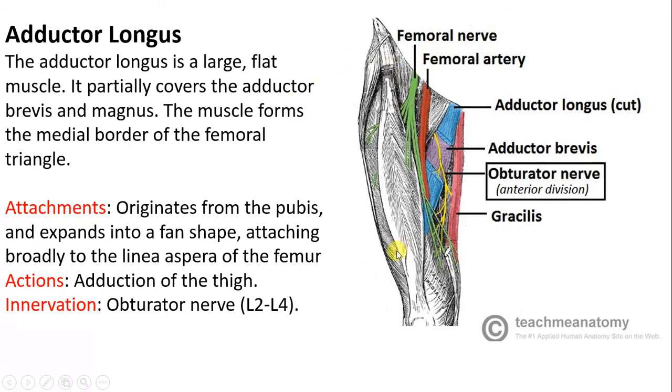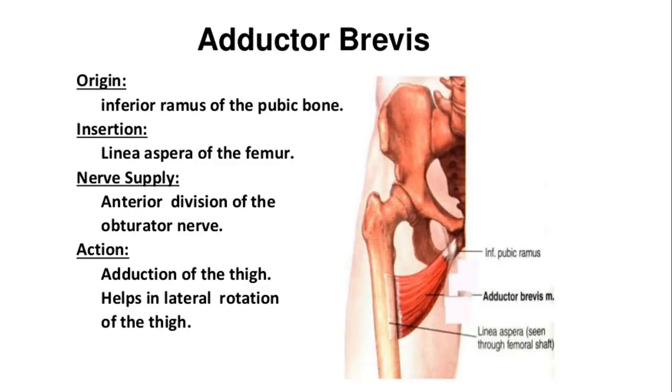So Adductor Longus is a large flat muscle, and it covers the adductors brevis and magnus. It originates from the pubic bone and expands into a fan shape, attaching broadly to the linea aspera of the femur. Its activity will cause adduction of the thigh. The obturator nerve, L2 to L4, which we will discuss later on, supplies the Adductor Longus muscle.